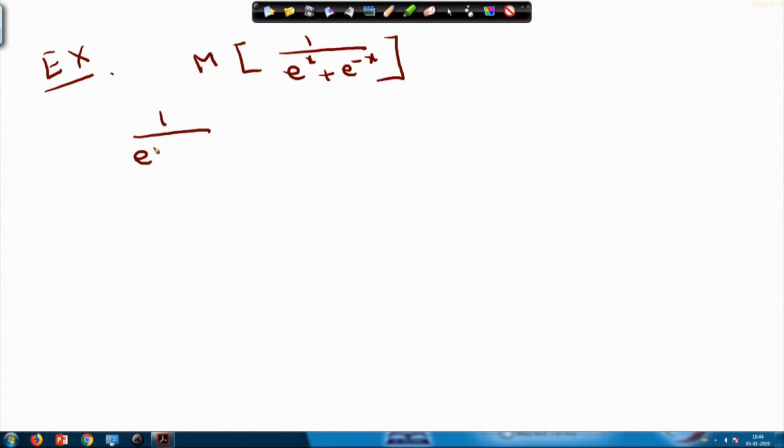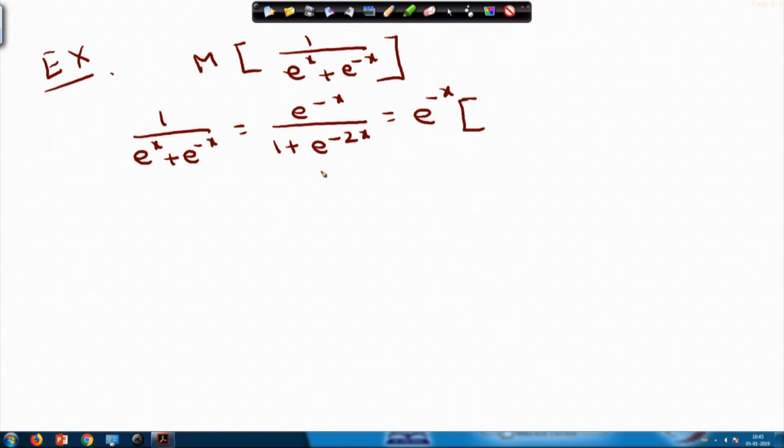Now, if you take this function 1 by e to the power x plus e to the power minus x, this equals e power minus x by 1 plus e to the power minus 2x. If you expand this function, 1 plus e to the power minus 2x whole to the power minus 1, you can write 1 minus e to the power minus 2x plus e to the power minus 4x minus e to the power minus 6x, and it will go on this way.